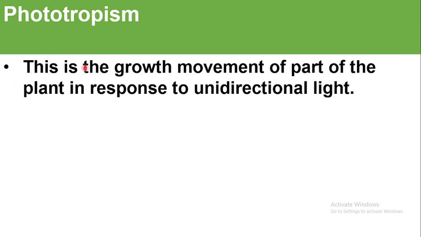Phototropism is defined as the growth movement of part of the plant in response to unidirectional light. Unidirectional simply means light coming from one direction. Uni means one, so unidirectional means one direction. So light coming from one direction of the plant.